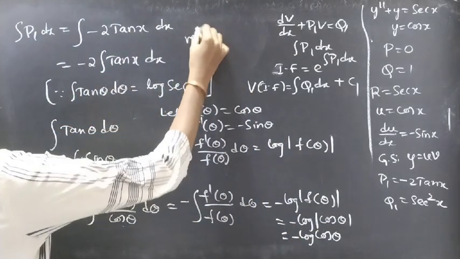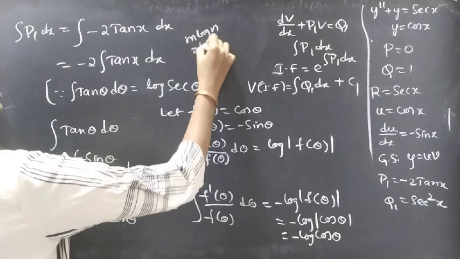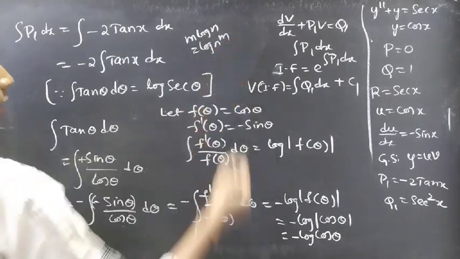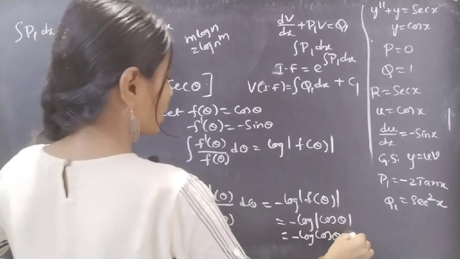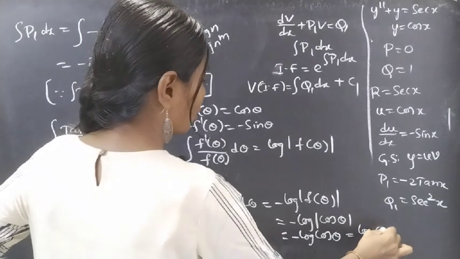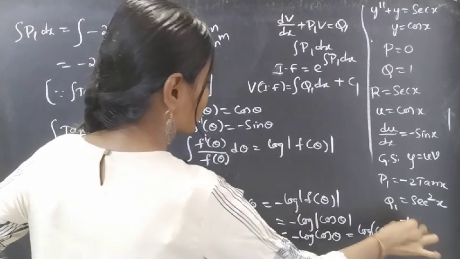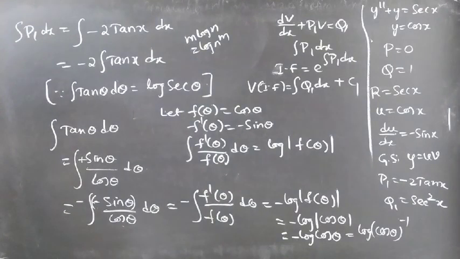Since we know that m log n can be written as log n power m, we can write minus log cos theta as log of cos theta whole inverse.